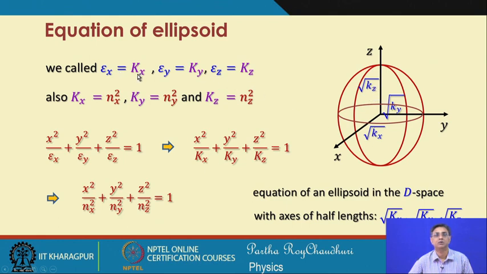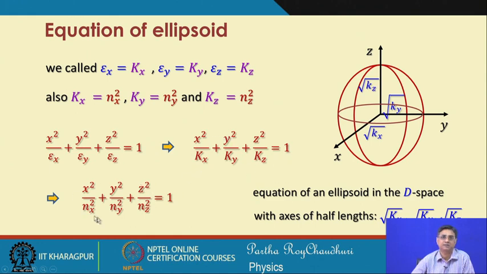So, epsilon x equal to k x, k y and k z, if I represent in this way, then we can write k x equal to n x square, k y equal to n y square and k z equal to n z square, because epsilon x is equal to n x square, epsilon y equal to n y square, epsilon z equal to n z square. So, we rewrite this equation as x square by epsilon x or n x square, y square by epsilon y, z square by epsilon z equal to 1, or you can write in this form.